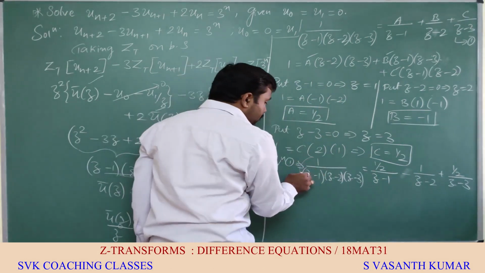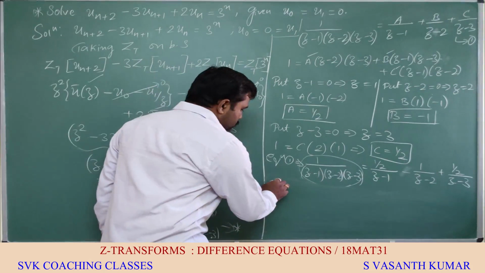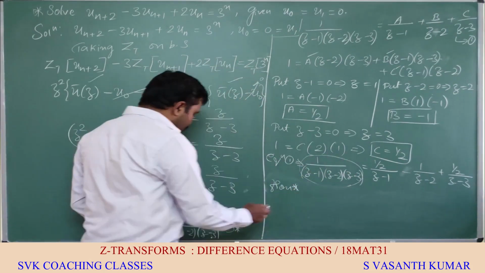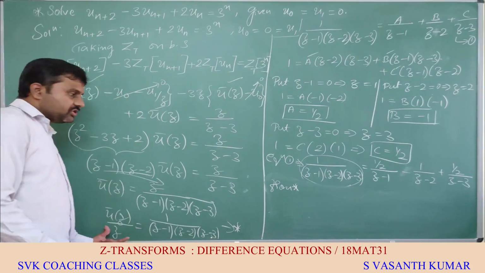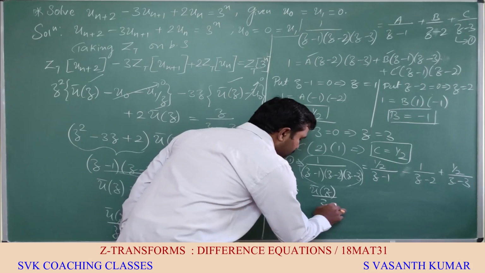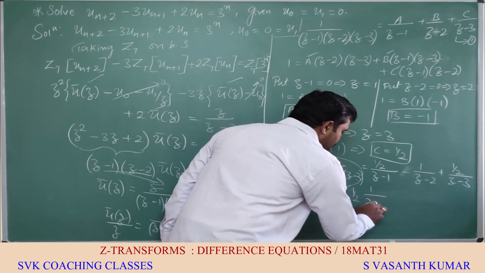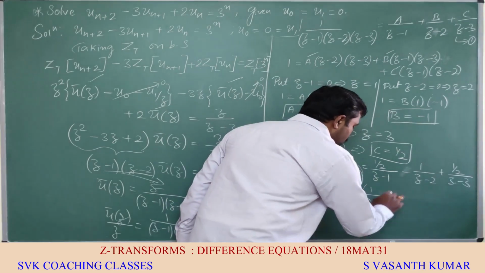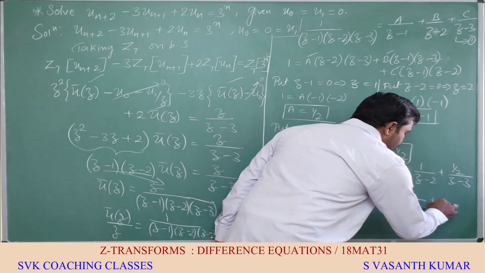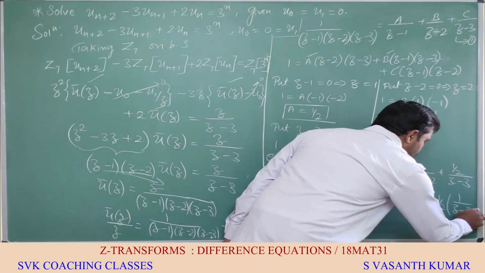Now equating this value with equation star, from star I can write this as U bar of z by z is equal to 1 by 2 times 1 by z minus 1 minus 1 by z minus 2 plus 1 by 2 times 1 by z minus 3.